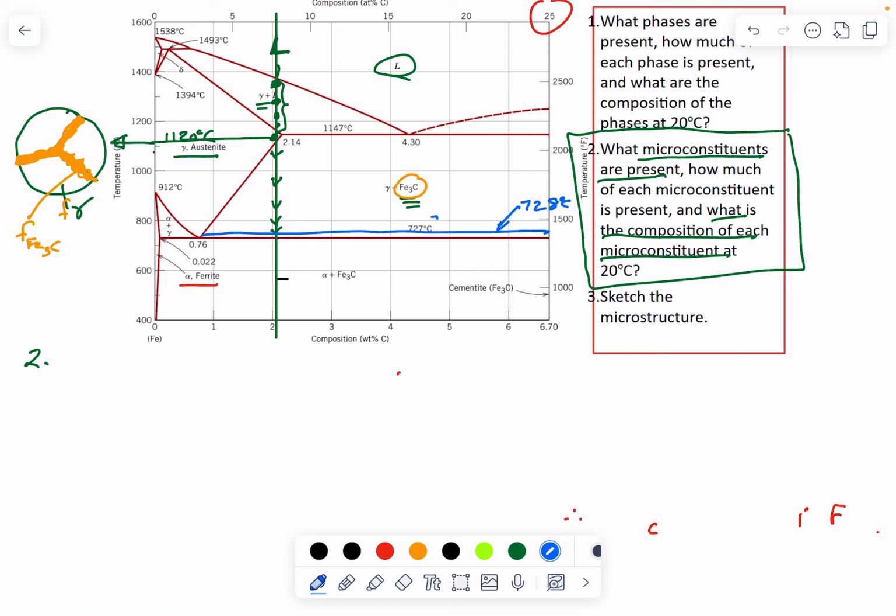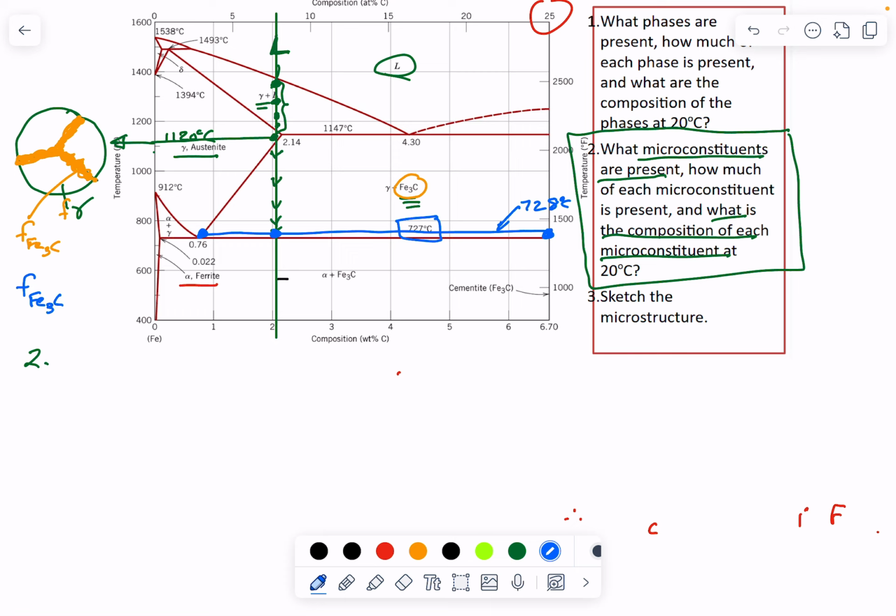And so the fraction of the material that is Fe3C, which is of course nucleating out of the gamma, will equal this line segment length divided by the total line segment length.